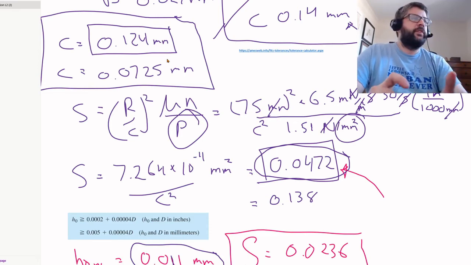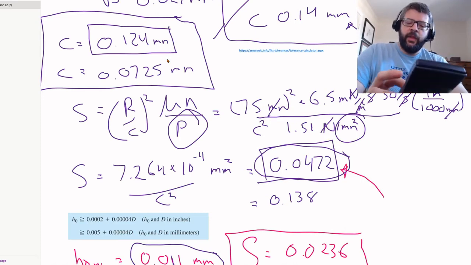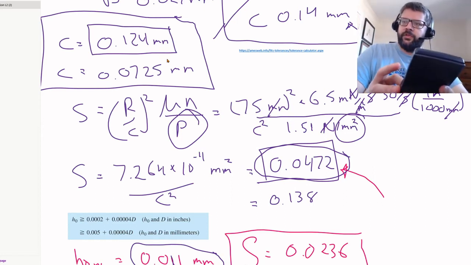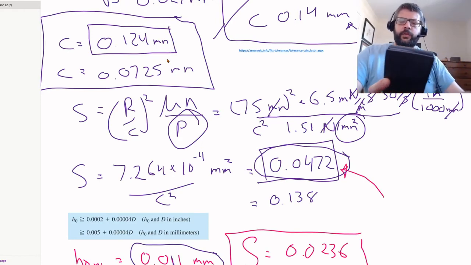So for example, if we adjusted the maximum radial clearance that we saw to 0.1 millimeter instead of 0.124 millimeter, that would give us an S value for that actual configuration of 0.1 squared. That would be 0.0726.